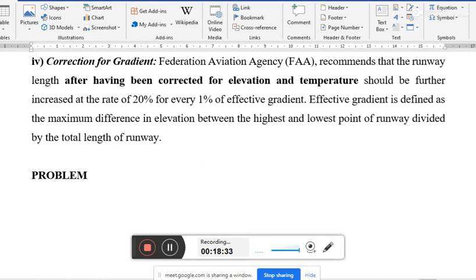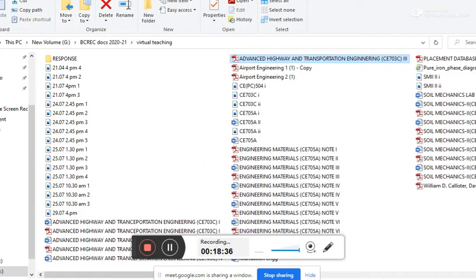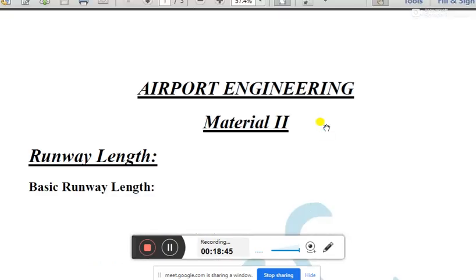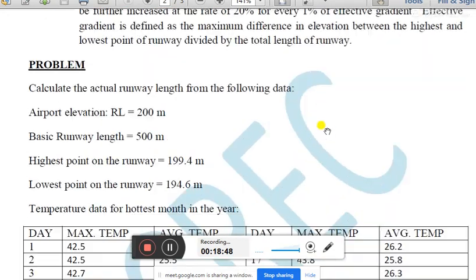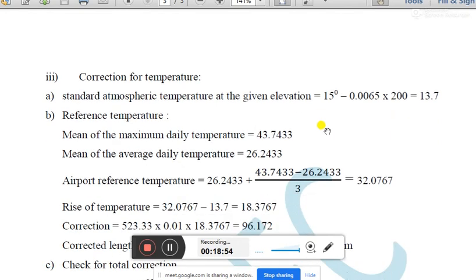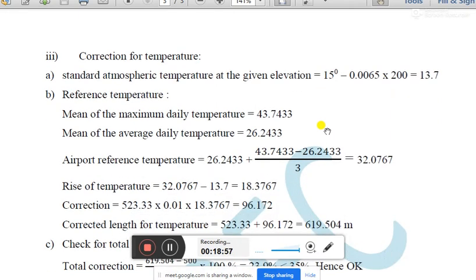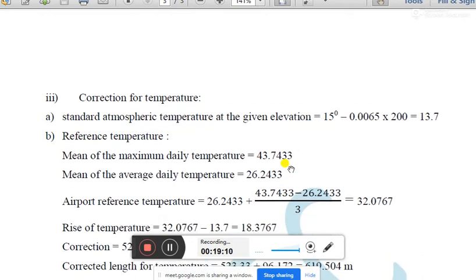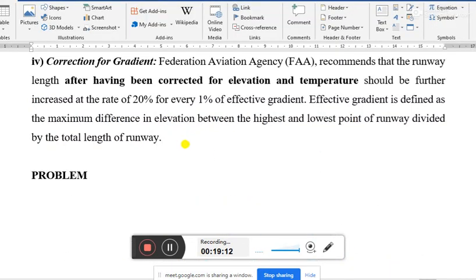Now, coming to the airport reference temperature.